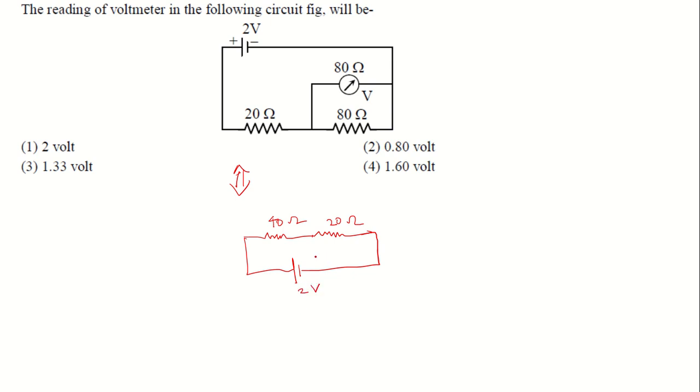Our aim is to find the voltage across this 40 ohm. That is the resistance by the total resistance, 40 plus 20, into the total potential. The zeros cancel, so 1 into 2, giving 4 by 3, which is 1.33 volt. So simply you get the answer.